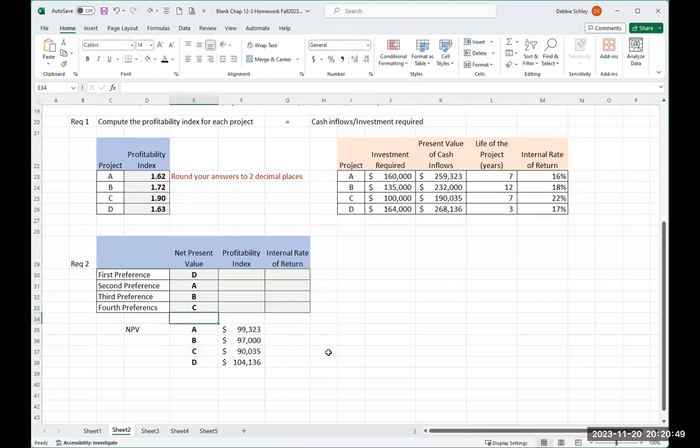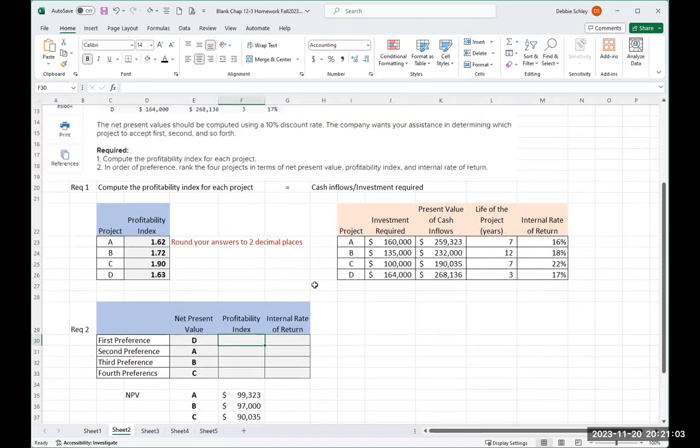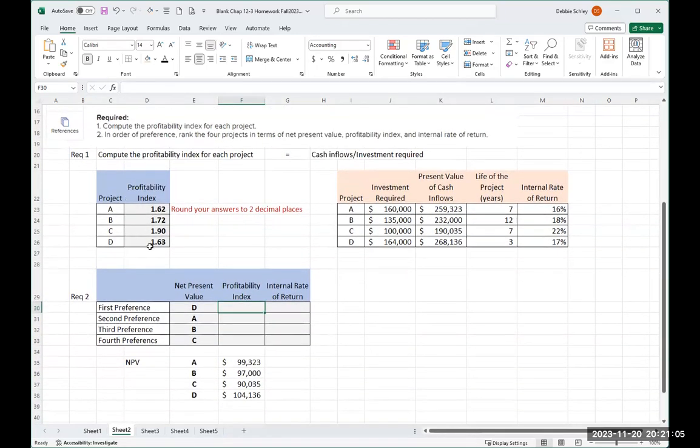Okay. So there's that. Profitability index. Let's see, that's not that. Oh, that's the one we figured out up here. So look at your numbers and the one that is highest is going to be your first preference.